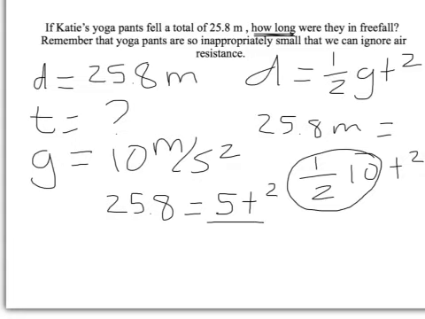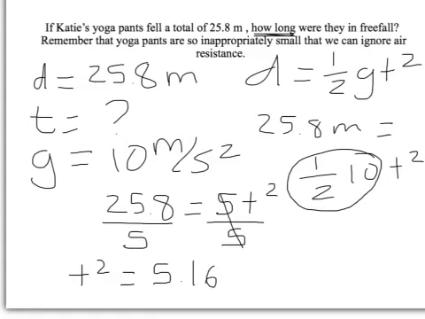So 5t means 5 times t. To undo a times, I need to divide both sides by 5. The 5's cancel out here, and 25.8 divided by 5 is equal to 5.16. So I have t squared, and be careful here because it's still t squared, is 5.16.